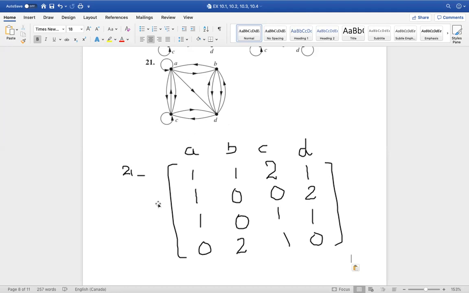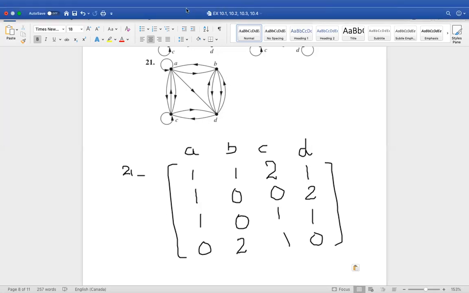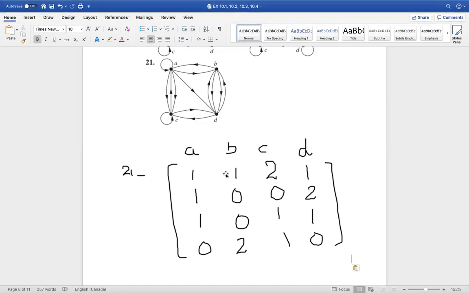So for B, does B have an edge going to A? It does have an edge going to A, therefore we put 1 here. Does B have an edge going to itself?